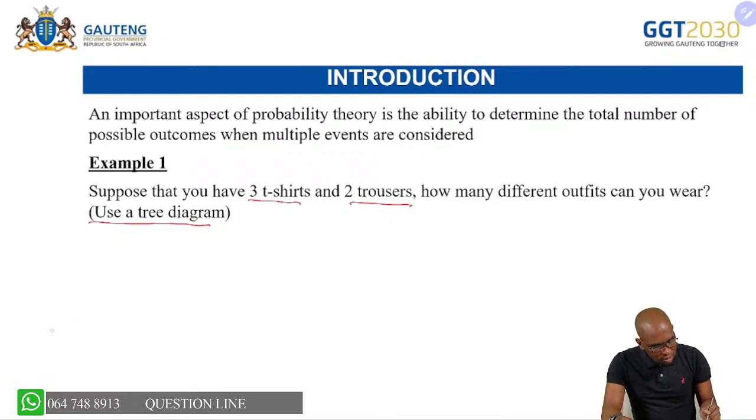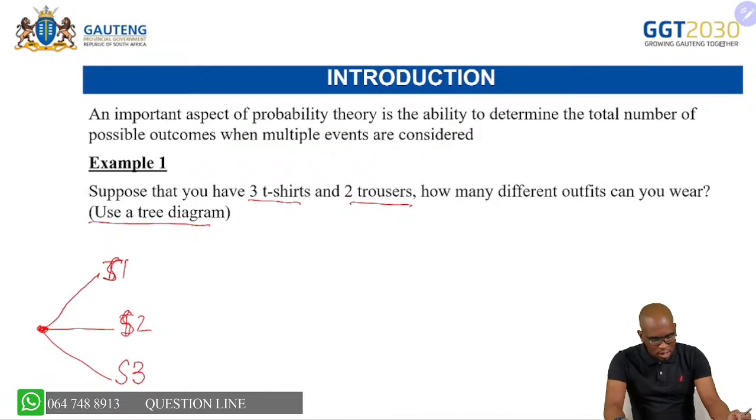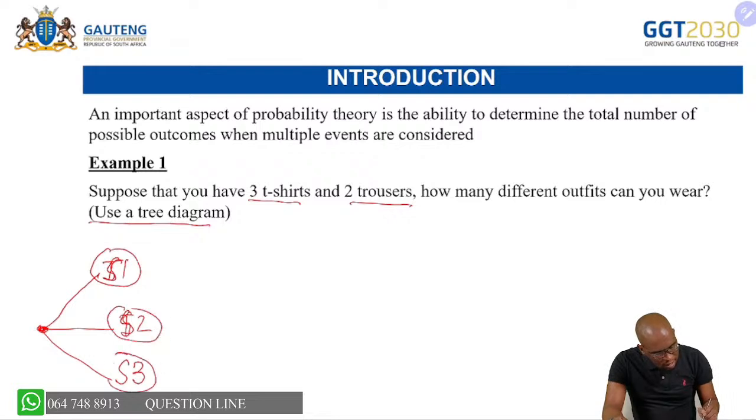Now, in using our tree diagram, let us say we begin with the t-shirts. The options that we have for the t-shirts: we can wear t-shirt 1, t-shirt 2, or t-shirt 3. Let me call the t-shirt S, shirt 1, shirt 2, as well as shirt 3. Those are the 3 t-shirts. Remember, you will wear those t-shirts with trousers. So if you've decided to wear t-shirt 1, then there are 2 possibilities for trousers.